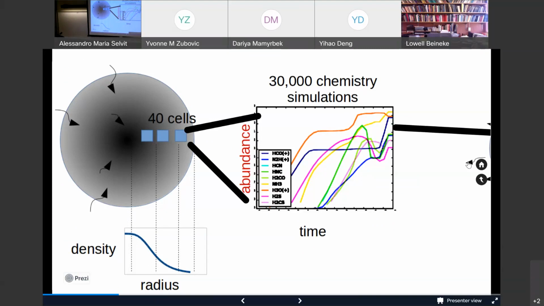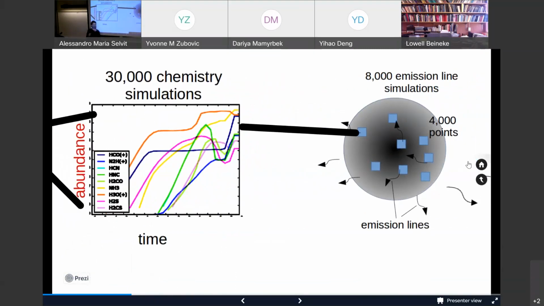chemistry of the region. We get, we believe, some unusual chemicals, some unusual molecules over the course of about 100,000 years. We then take the results of those simulations, that chemistry, and plug it into a radiative transfer simulation called LINE.